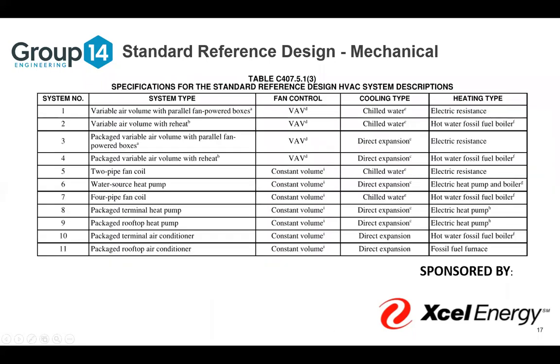System 2 is VAV, chilled water, and hot water fossil fuel boilers. So now we're comparing a water-cooled chiller to a water-cooled chiller. You're going to see less savings there.